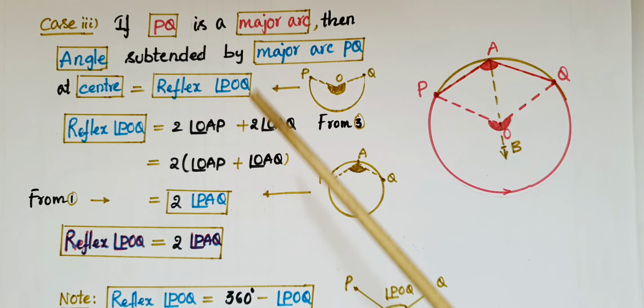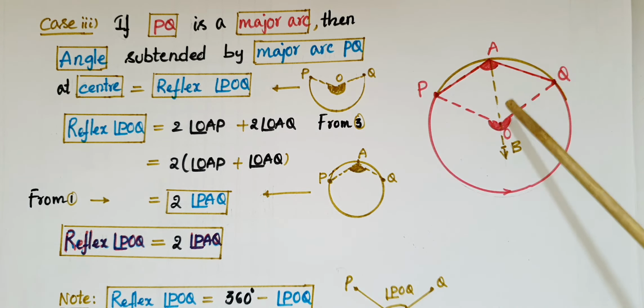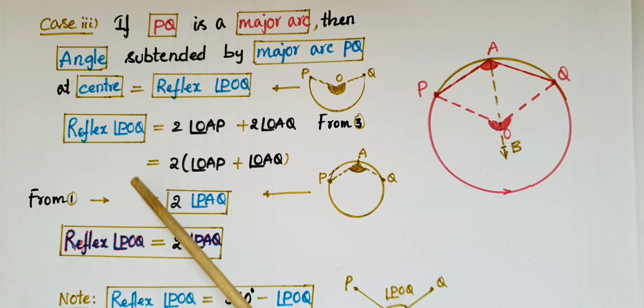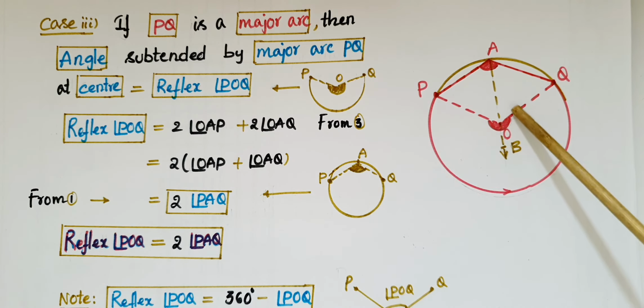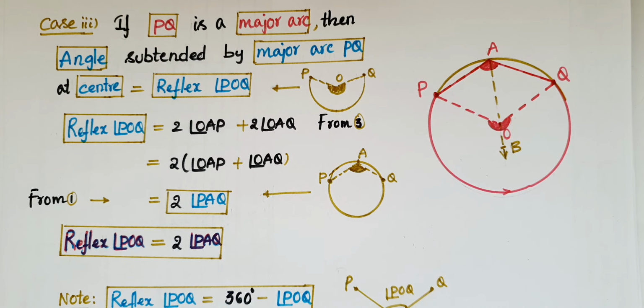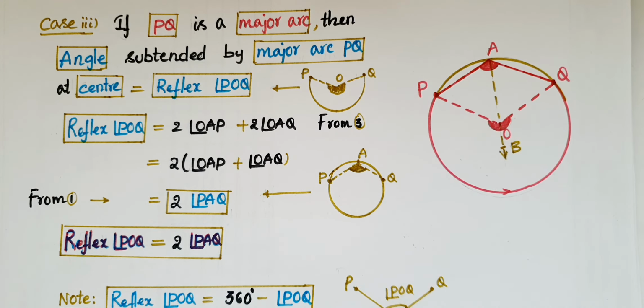In this case also, the angle subtended at the center of the circle by major arc PQ is equal to twice the angle subtended at any point on the circle. So reflex angle POQ is equal to 2 times angle PAQ. And reflex angle POQ, if you know angle POQ, we can find it as 360 minus angle POQ.